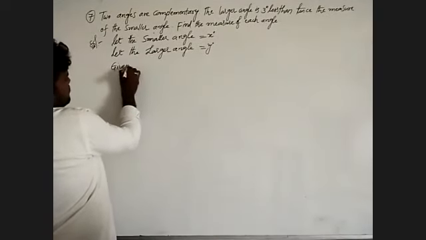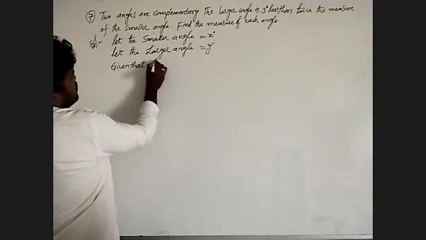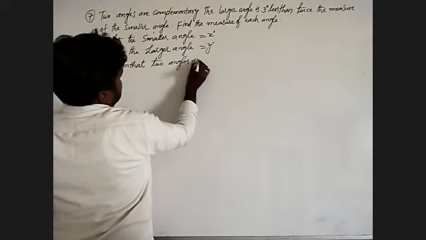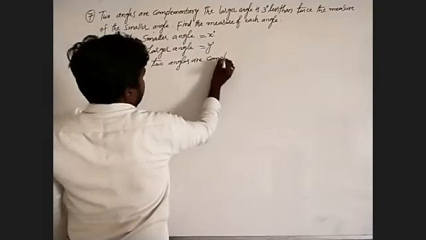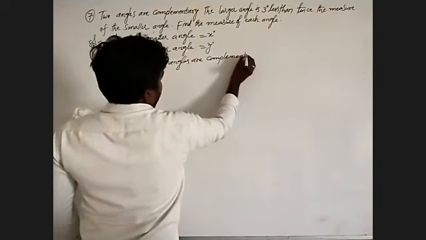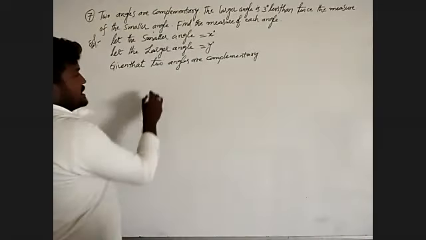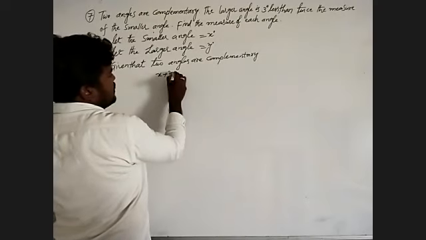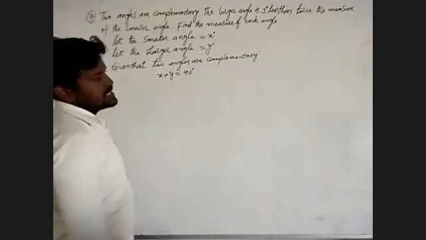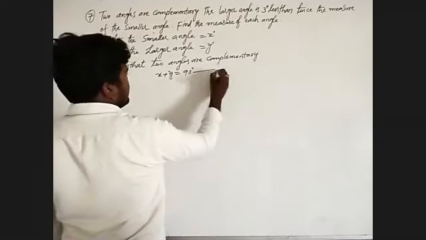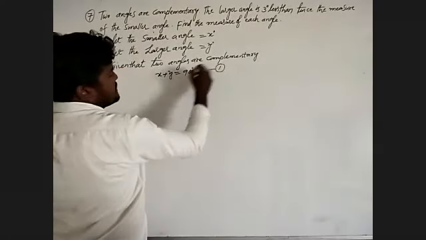Given that two angles are complementary. When two angles are complementary, their sum must be equal to 90 degrees. Supplementary means that will be equal to 180 degrees. Complementary means that will be equal to 90 degrees. Take this as equation number 1.